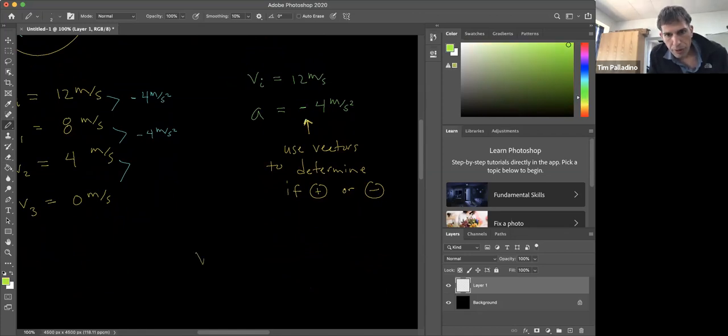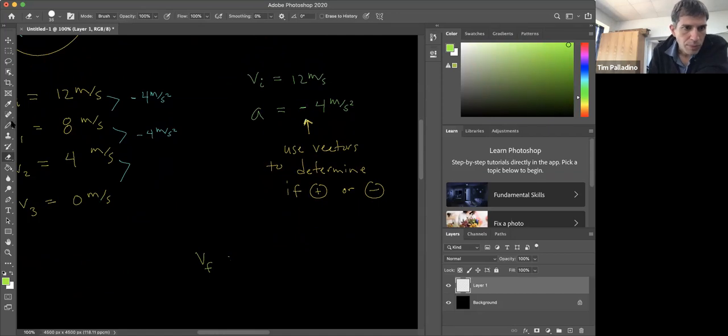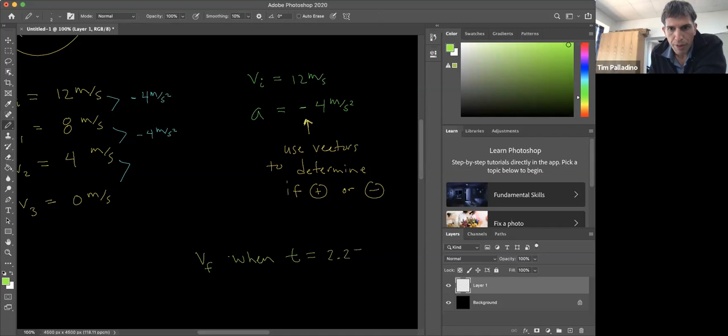Can you guys figure out the final velocity, so assume we know what the initial velocity is, when t equals, let's say, 2.25 seconds.